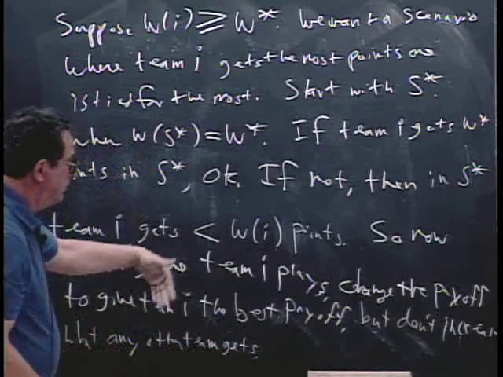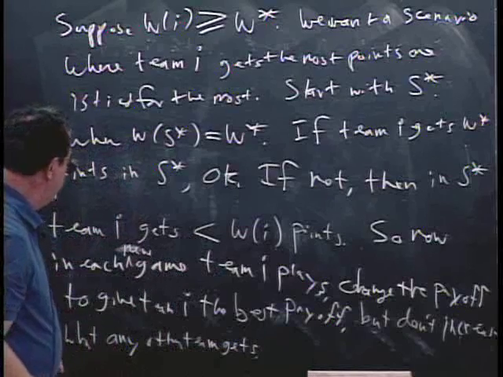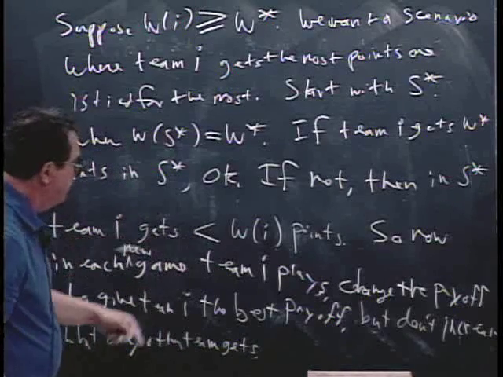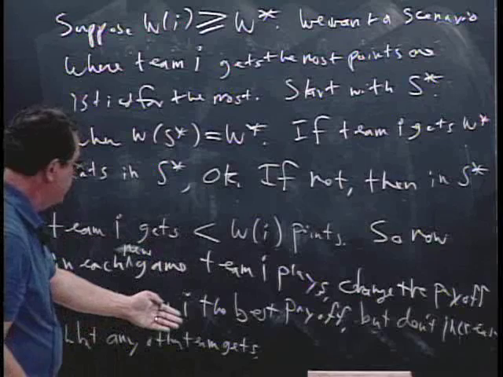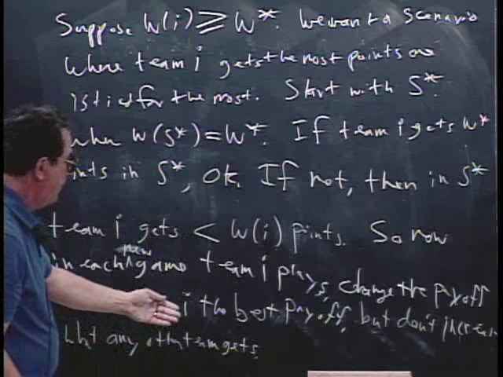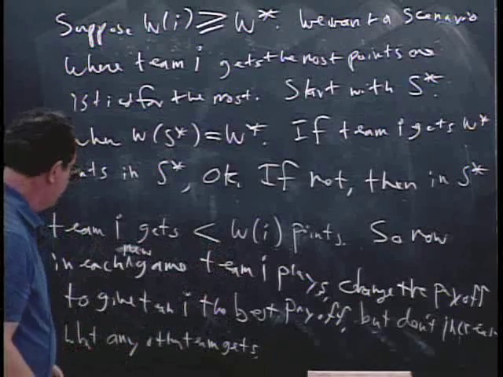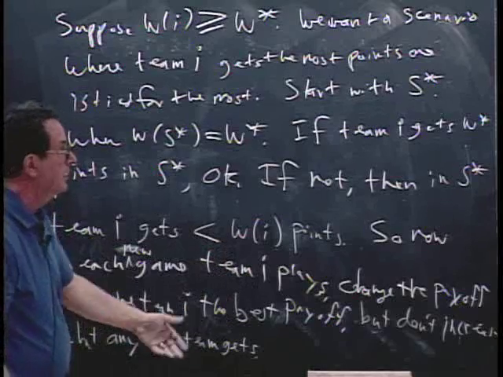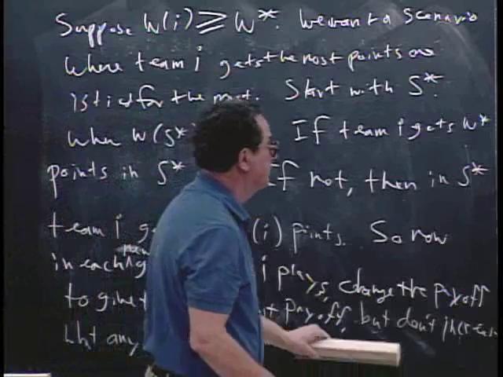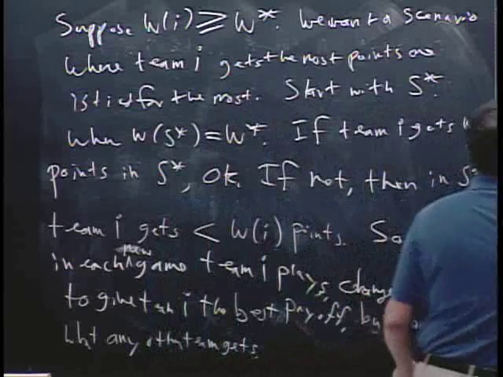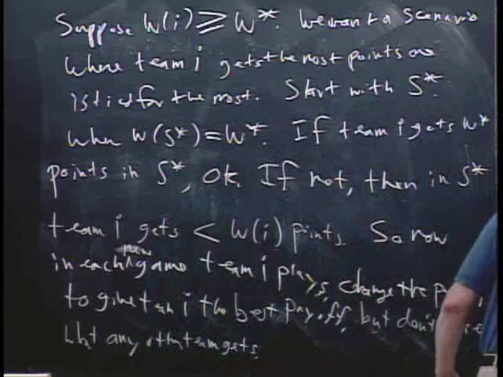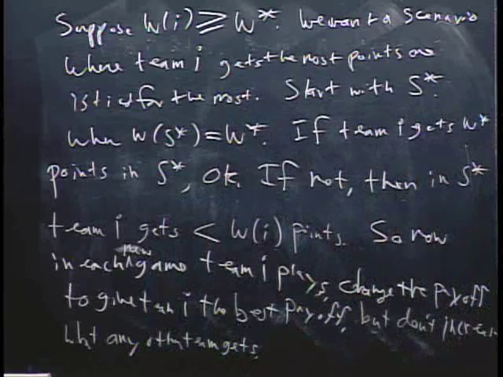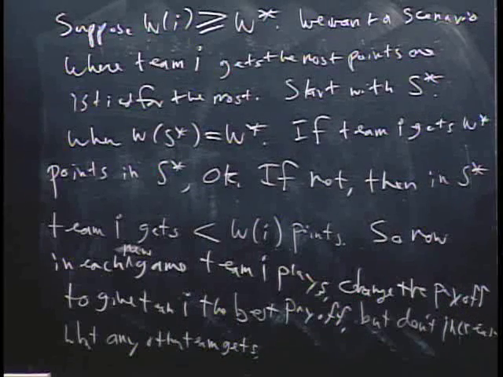So when you go around to each new or remaining game that Team I plays, and you change the payoff so Team I gets the very best that's possible, but in doing so you don't increase what any other team gets, which according to monotonicity is always possible to do, then we have a new scenario. Okay.